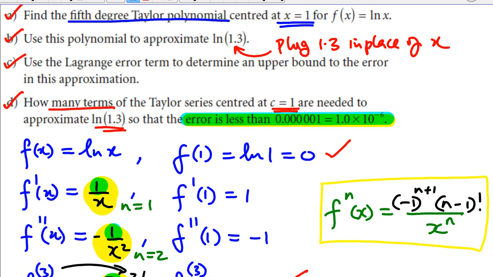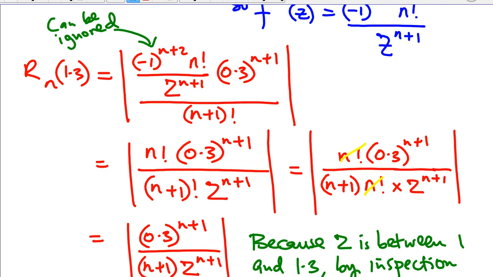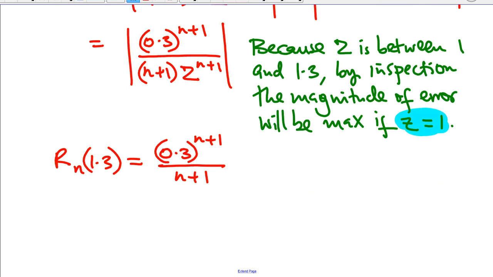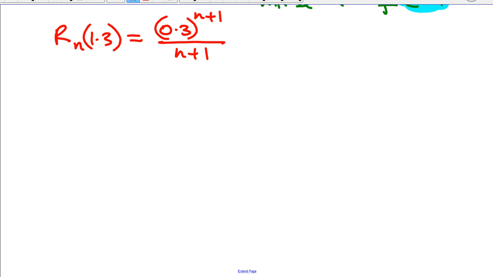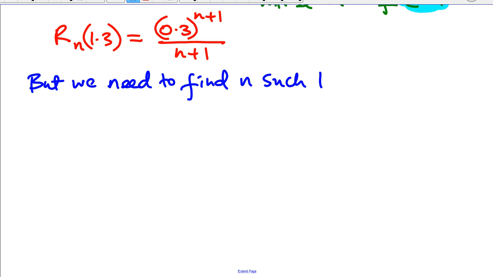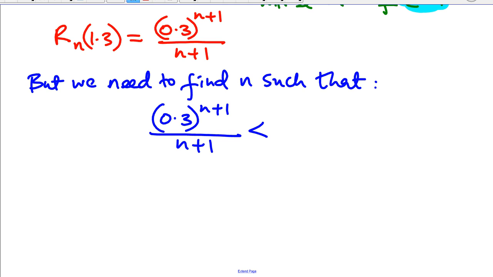So the error is less than, so back here, we need to find n such that this is less than 1 times 10 to the power negative 6. That's what we have in the question.